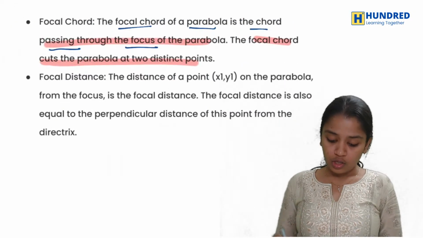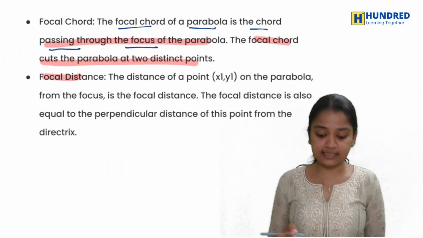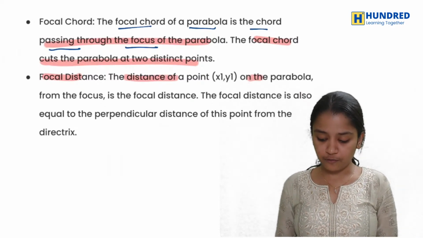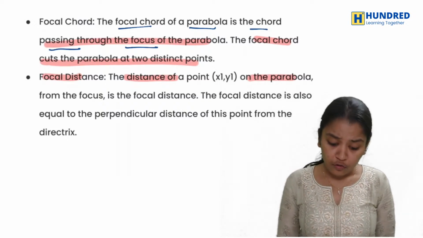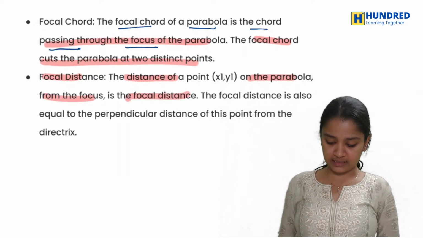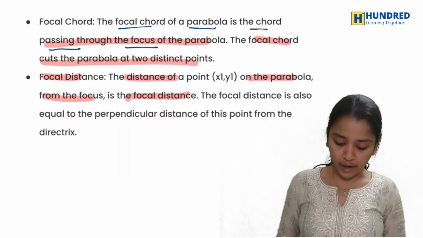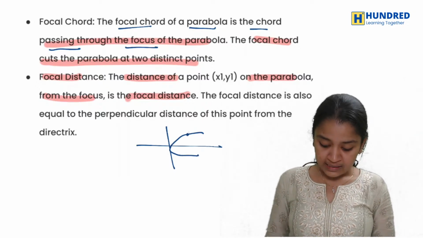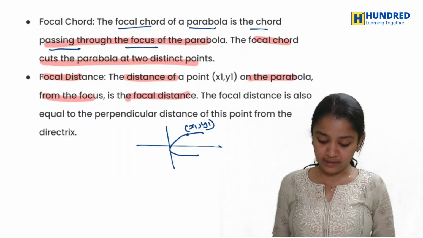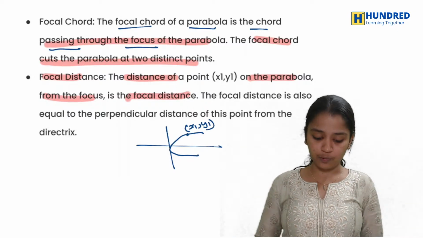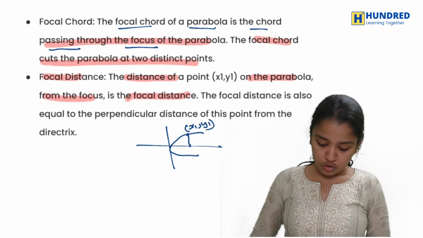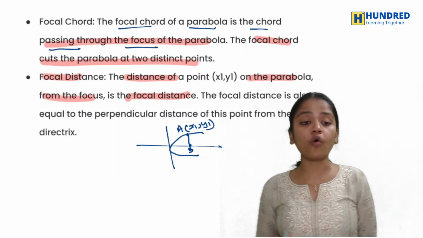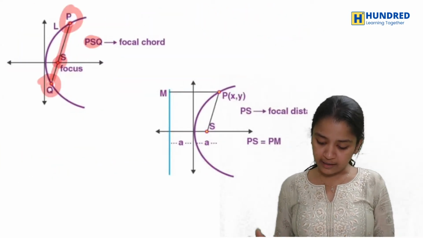Now what about the focal distance? The focal distance of a point (x1, y1) on the parabola is its distance from the focus. Suppose this is your parabola and you have a point on the parabola, say (x1, y1). So if this point is A and the focus is B, then AB is your focal distance.